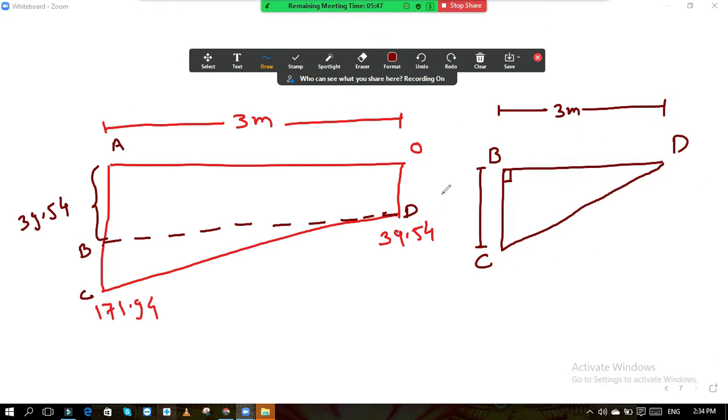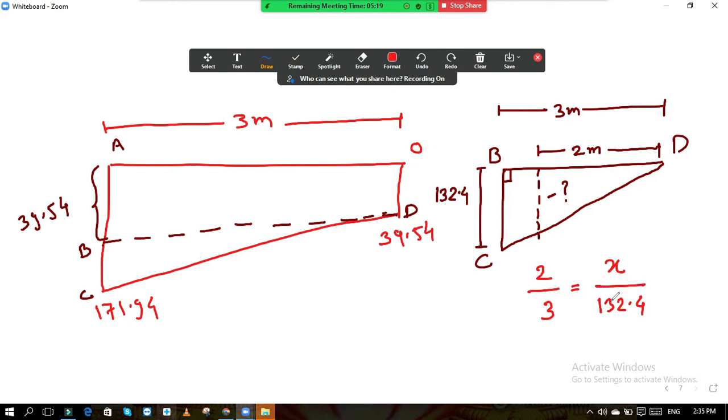132.4. So this is 132.4 at 3 meter. Now we want at a distance of 2 meter. What is the ordinate over here at a distance of 2 meter? That we need to find out. Simple. Okay. So for 3 meter it is 132.4. For 2 meter it is x. So therefore x is equal to, what is the ordinate now?